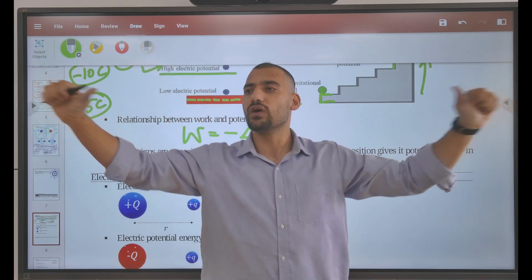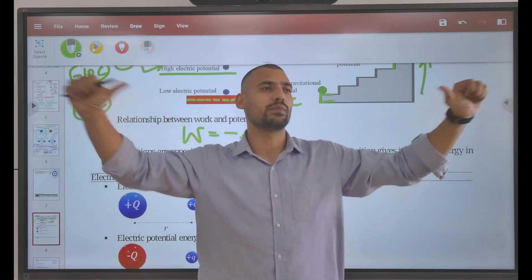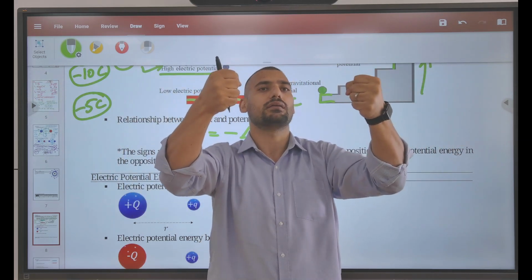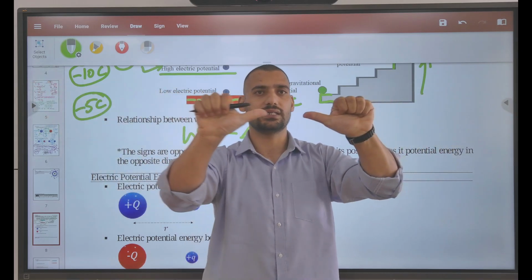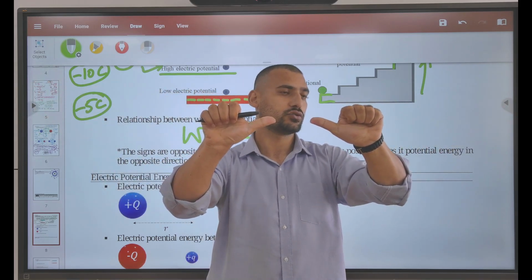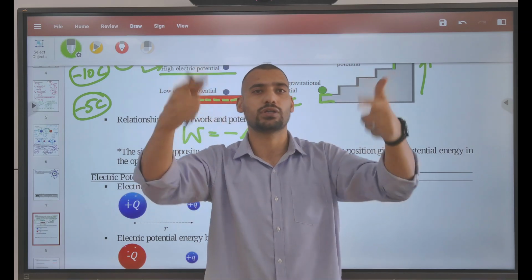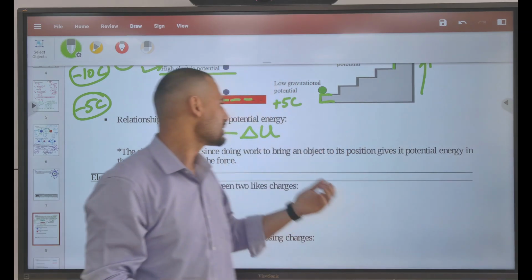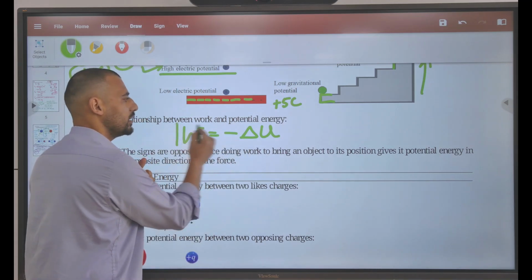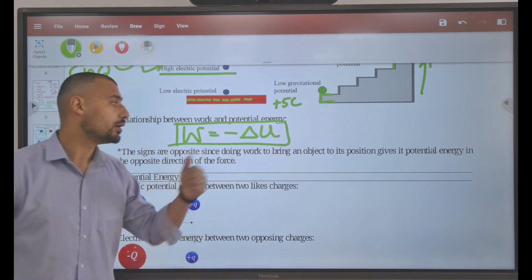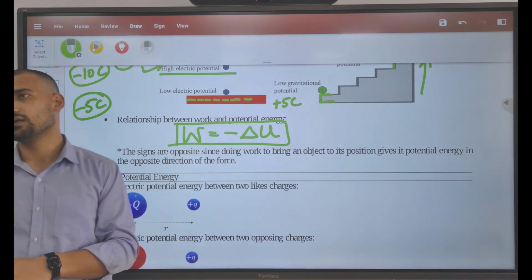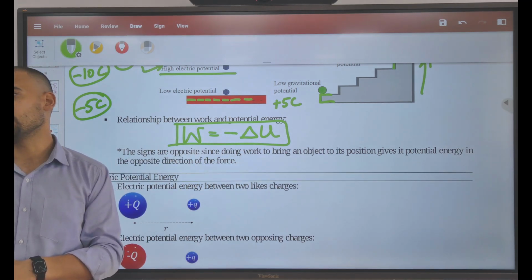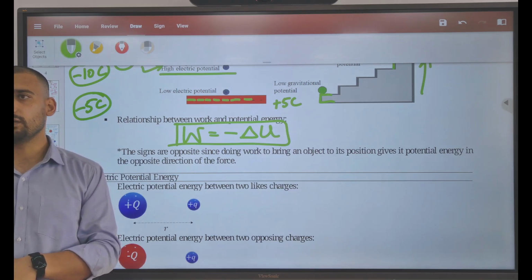But when you are performing work from outside, to keep them here, you have to perform work like this in the opposite direction. So that work is against your potential, isn't it? Therefore, the sign convention says work and potential energy are equal but opposite in their directions. So we have to take it as negative. Is that fine?